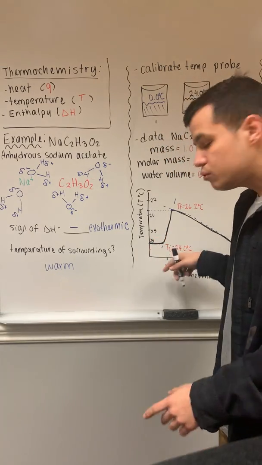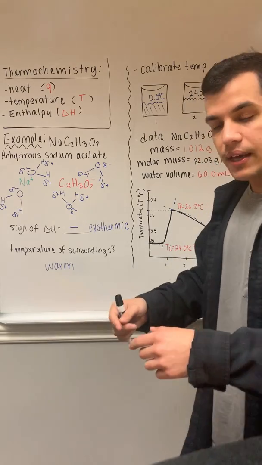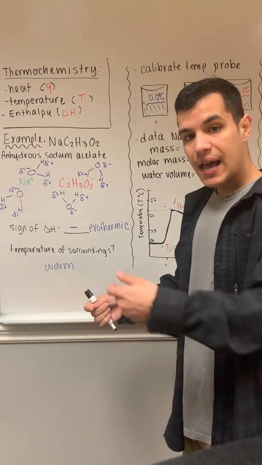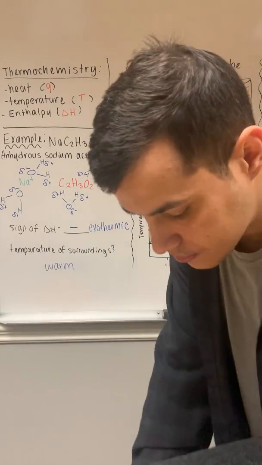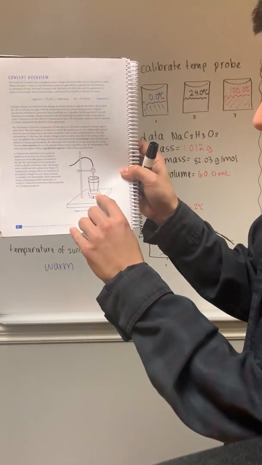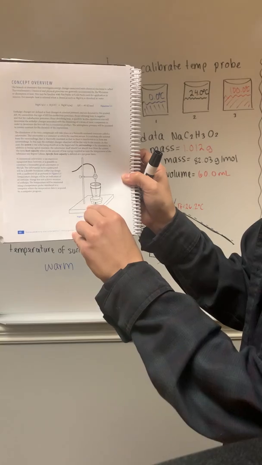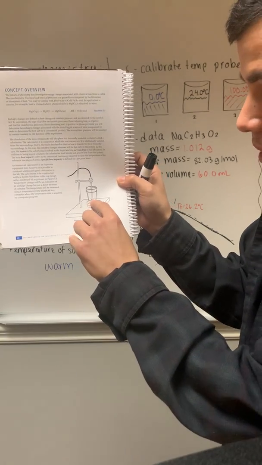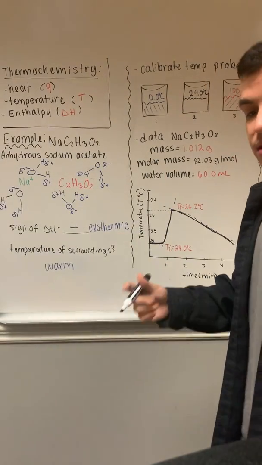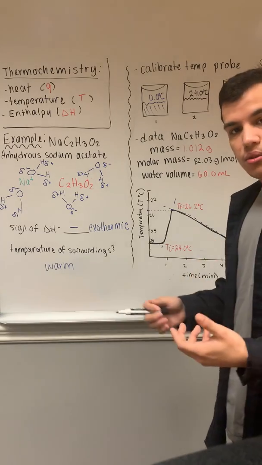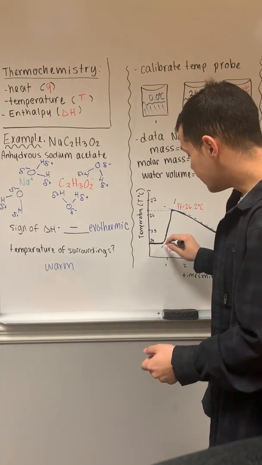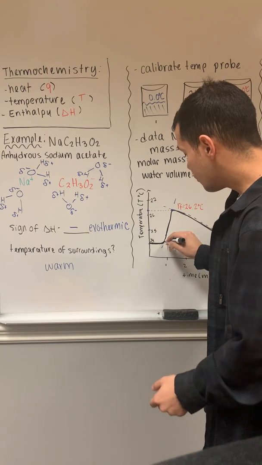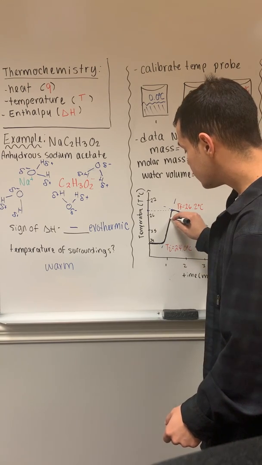But close to minute 1, I take my grams of sodium acetate, open the lid, put it in that cup, and close it really quick. Now I have my sodium acetate in that cup as it's stirring with the stir bar. So the temperature probe is reading the temperature change when I add my salt to the water. It starts getting warmer and the temperature starts rising.